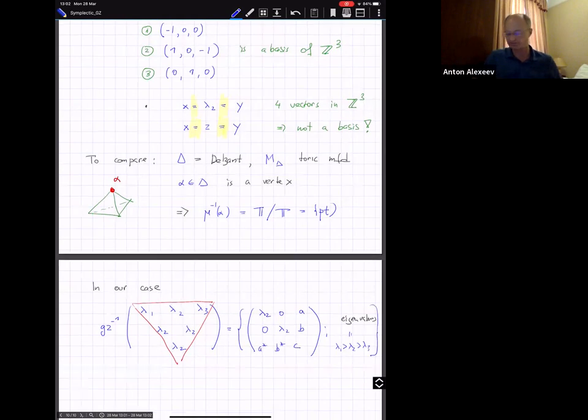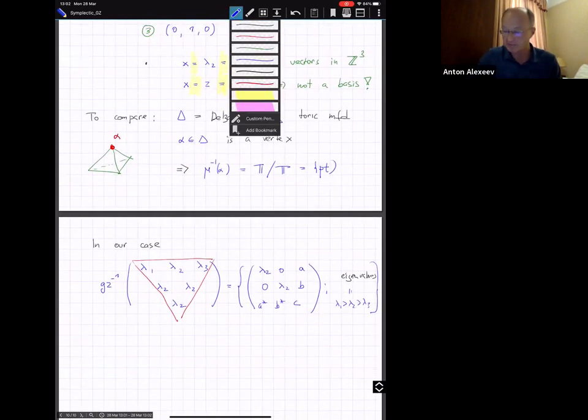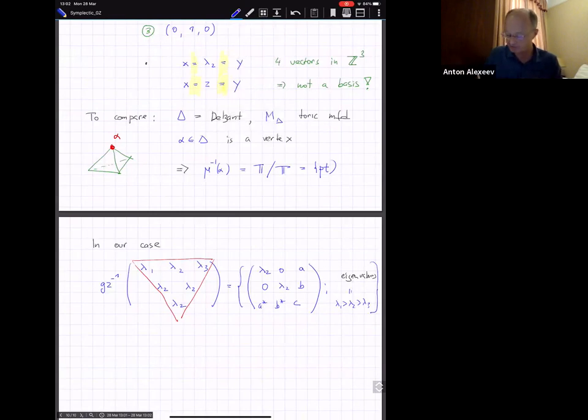Well, of course, we know that in the conjugacy class, the trace is an invariant. Therefore, 2 lambda 2 plus C is equal to lambda 2 plus lambda 1 plus lambda 2 plus lambda 3. And C is actually fixed.